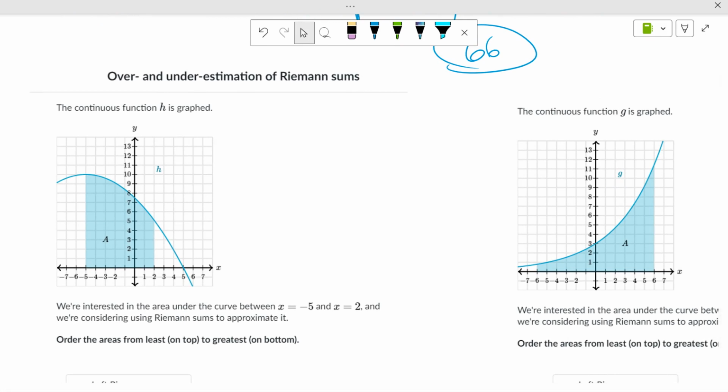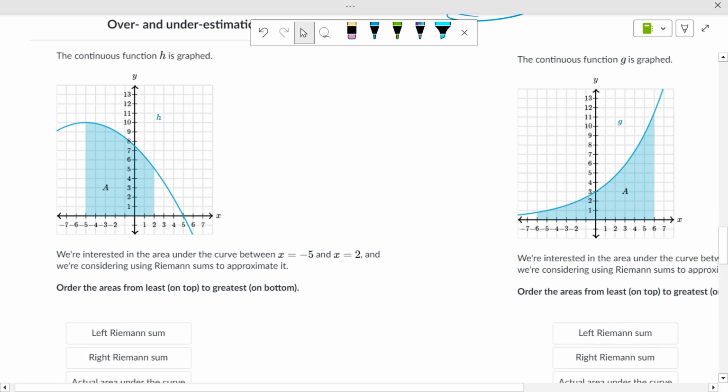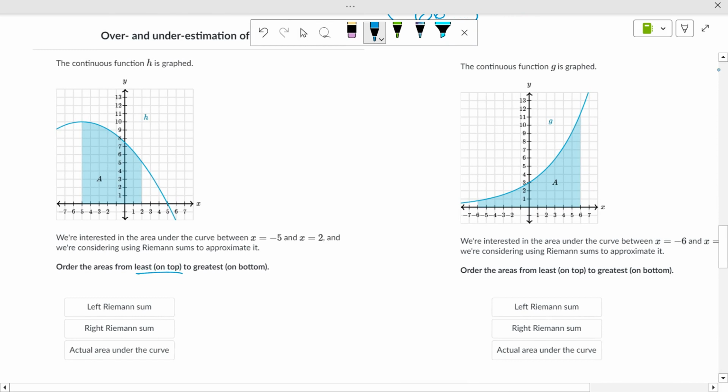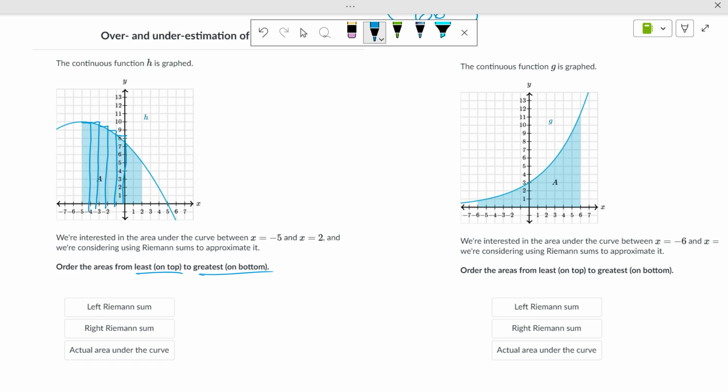Okay, overestimation, underestimation. Looking at this, here's it shaded in perfectly. Now, if we look at this, we want the least to the greatest. What would be the least to the greatest sum? Well, if we use the left Riemann sum, we'd have that, that, that, and so on.